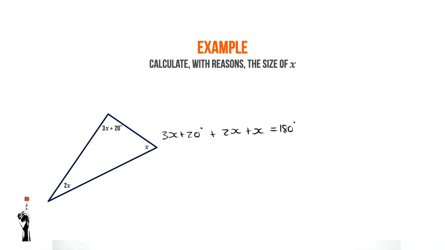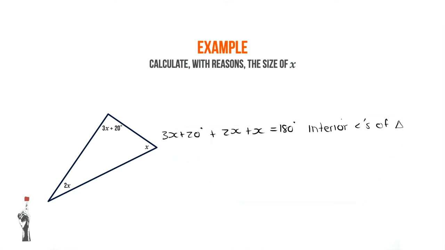How do I know that? Remember, I write my reason on the right-hand side and I say interior angles of a triangle. I am also allowed to draw a little triangle instead of spelling out triangle in my reasons.